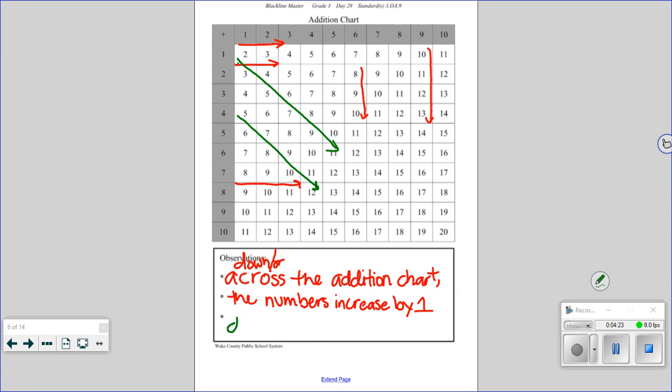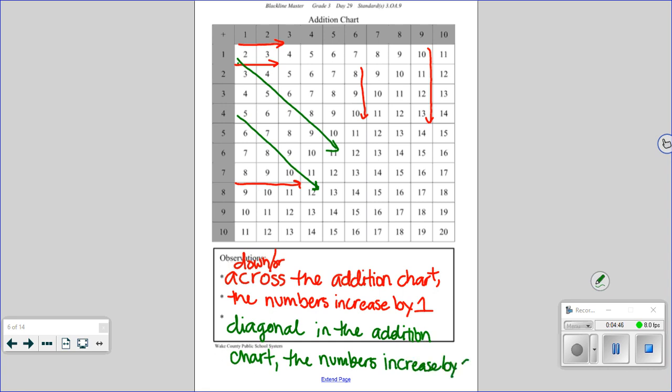So going diagonal in the addition chart, the numbers increase by 2. Pretty neat.